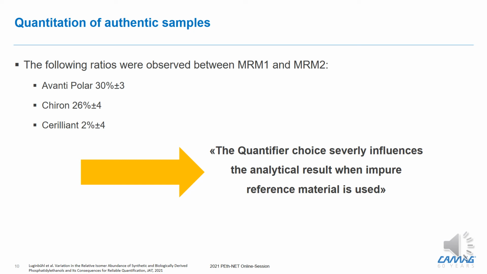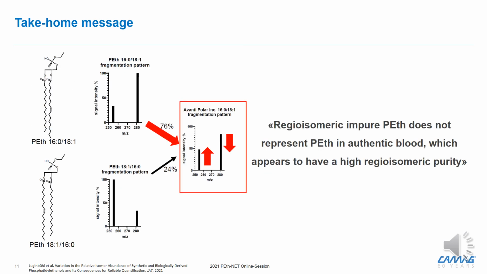Overall, when choosing your transition and when using impure reference material, it can have a severe influence on the analytical results, and therefore we should be very careful when applying threshold concentrations with non-regioisomerically pure reference material. As a take-home message and to summarize the presentation, I would like to show you the following slide.